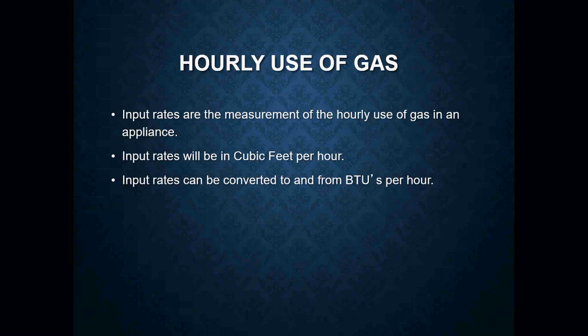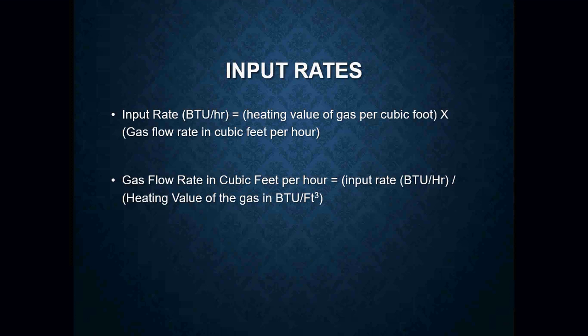Hourly use of gas: input rates are the measurement of the hourly use of gas in an appliance. When you look at a nameplate on a piece of equipment, you're going to see that it has an input rate. That input rate will be in cubic feet per hour. Your input rate can be converted to and from BTUs per hour.